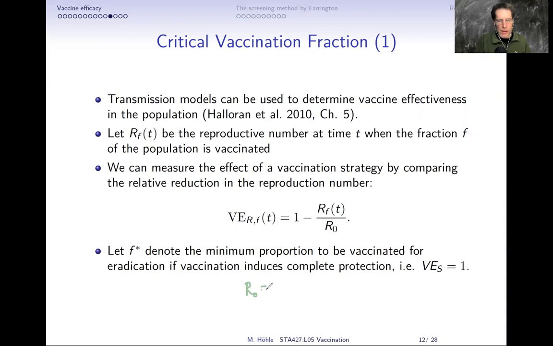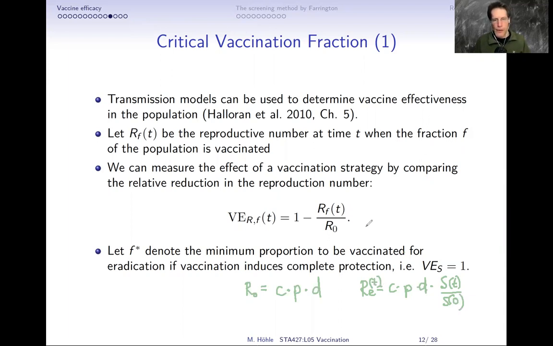I would say R naught, as I mentioned, is contact times probability of a transmission times duration of this. If we talk about R effective, it's C times P times D times the proportion which is still susceptible, right? So that's S(t) compared to S(0), and then it's R_E(t).